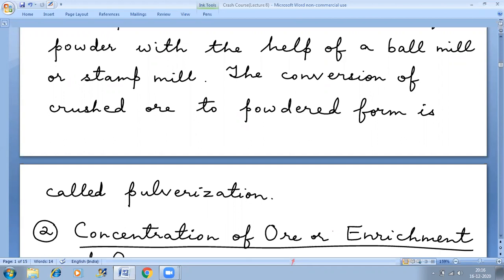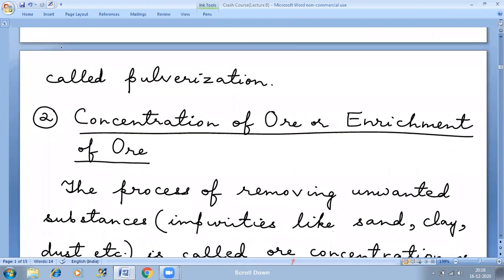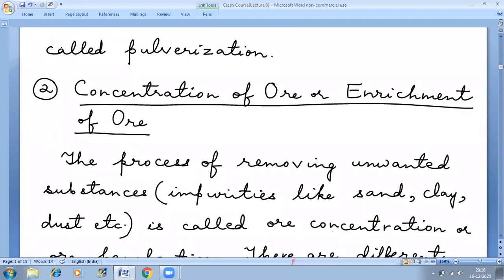Now remember, if you have rocks and the ore present inside the rocks, the ore will be present along with many other impurities as well, because it is existing in nature. There will be sand, clay, and other unwanted dust particles.